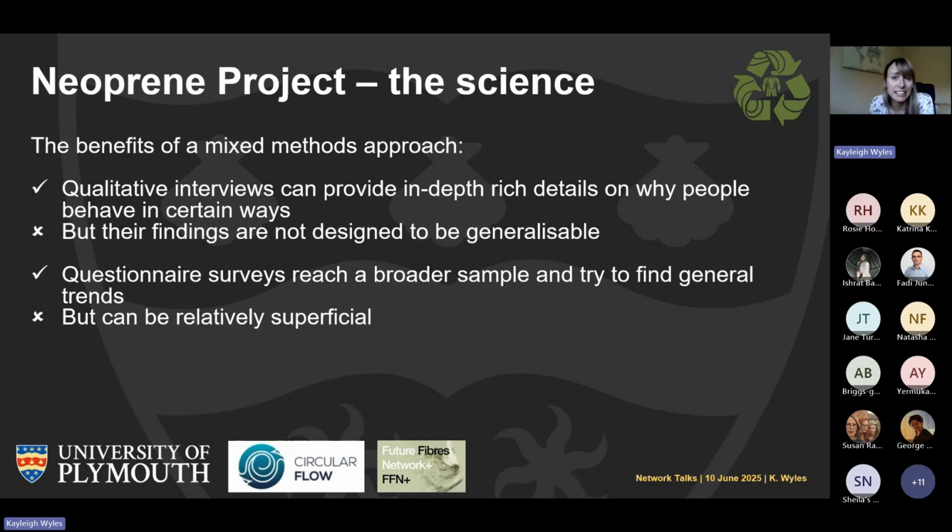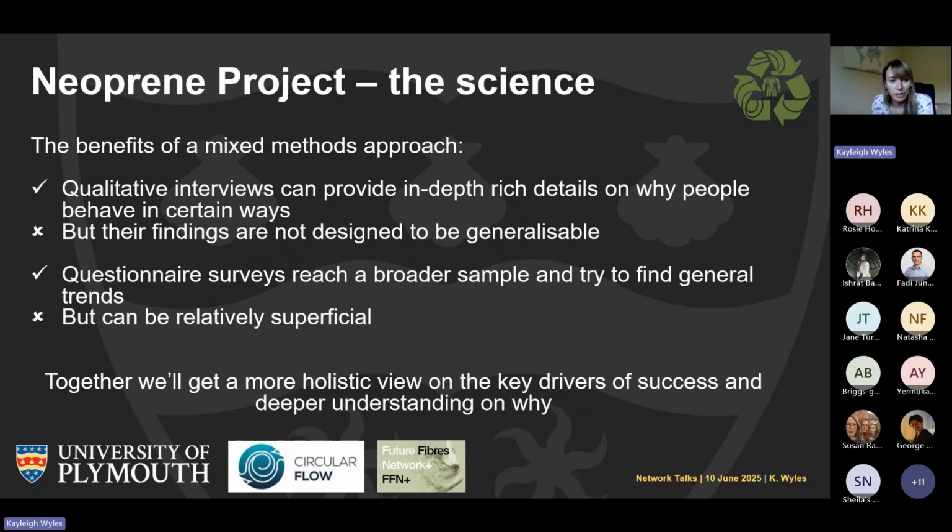We can't provide that depth. So together, when you bring in the qualitative and the quantitative approaches, you can get an understanding of what are the key drivers of behaviour, especially when it comes to the survey, but then you can also understand a bit more on why and how to use that information by having more in-depth exploration using interviews.